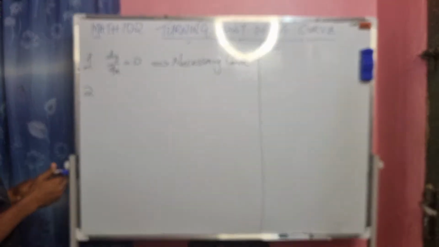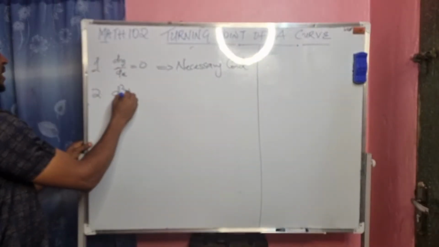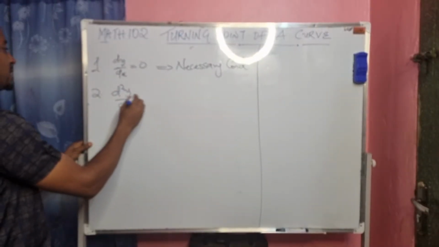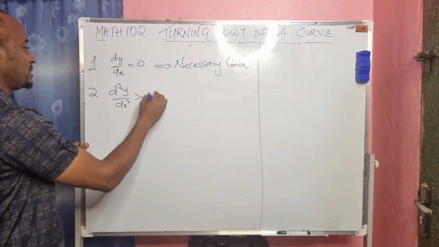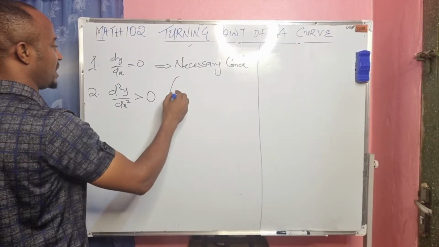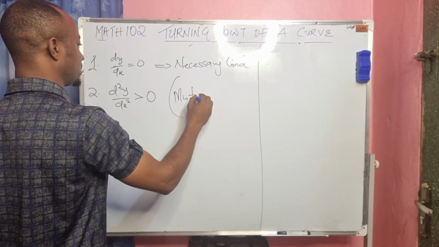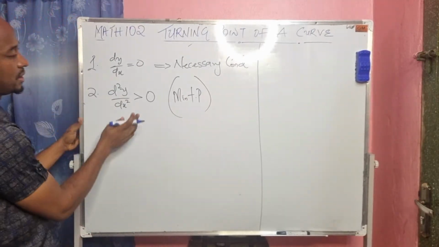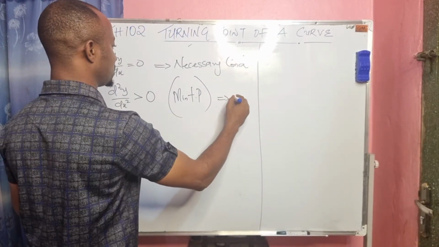Then number 2, we have the sufficient condition, which says that when d2y/dx squared is greater than 0, we have a minimum turning point, and greater than 0 simply means positive.